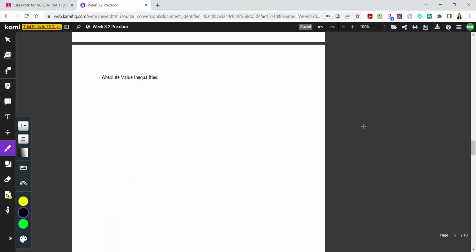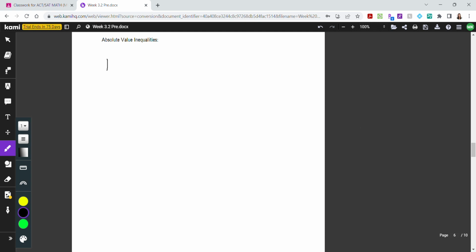All right, the next thing that we have, absolute value inequalities. A big thing to remember here is that there are some tips and tricks.